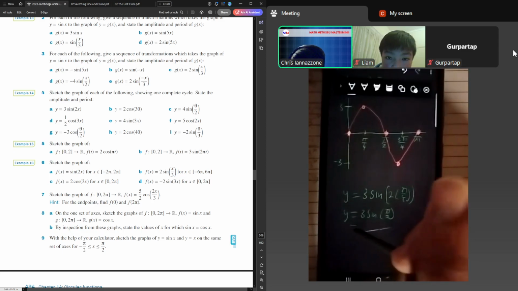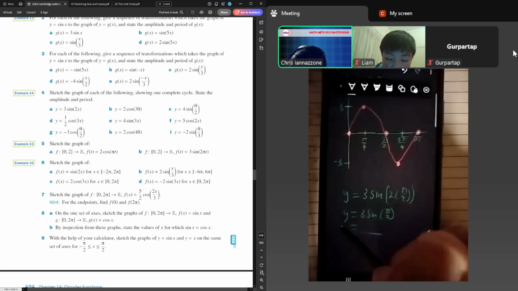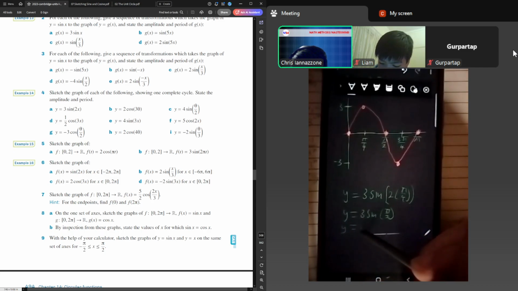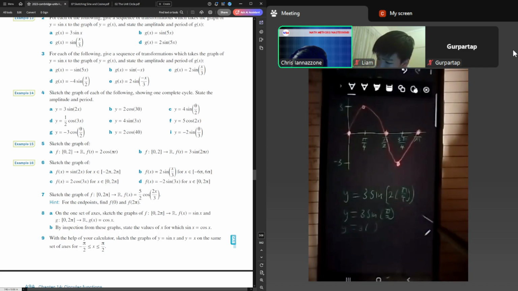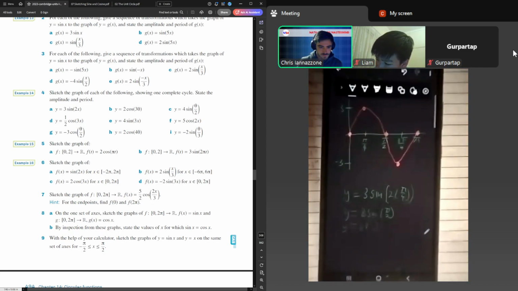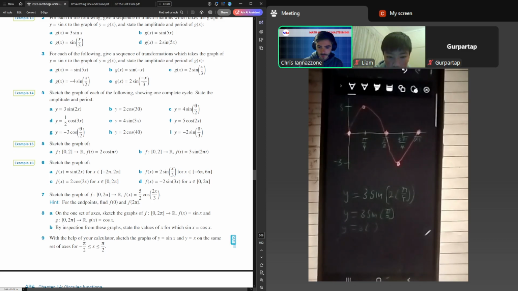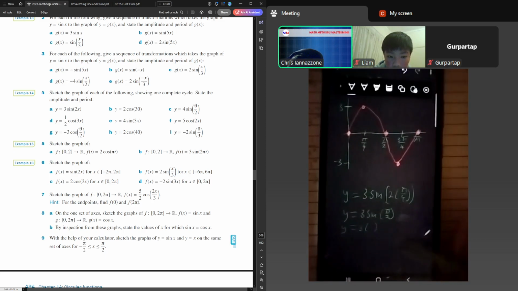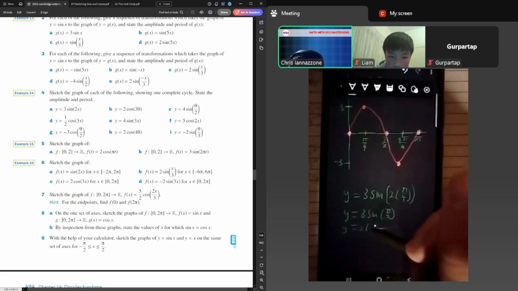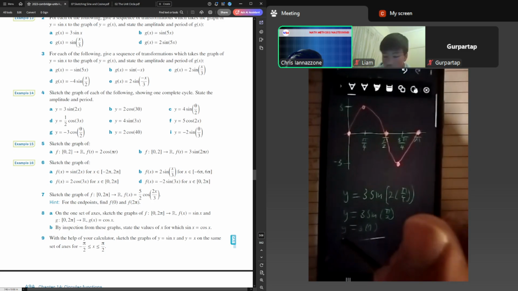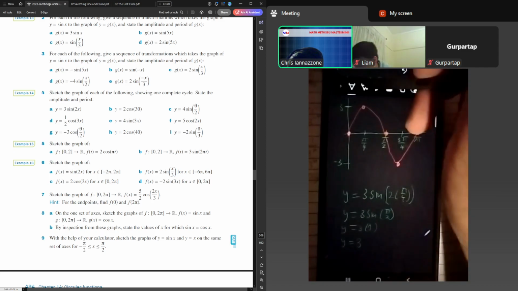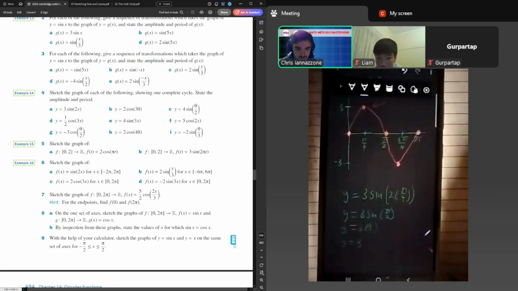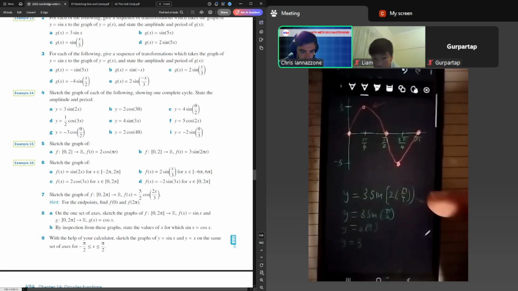Does anyone remember what sine of pi over 2 is? One is correct. Yeah, thanks, Peter. So we replace sine of pi over 2 with 1, and then 3 times 1 is 3, which sure enough is the value that you put at that spot.